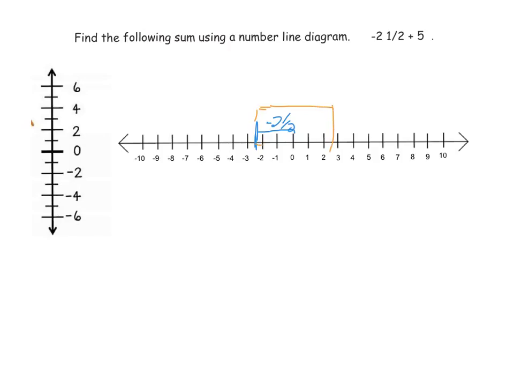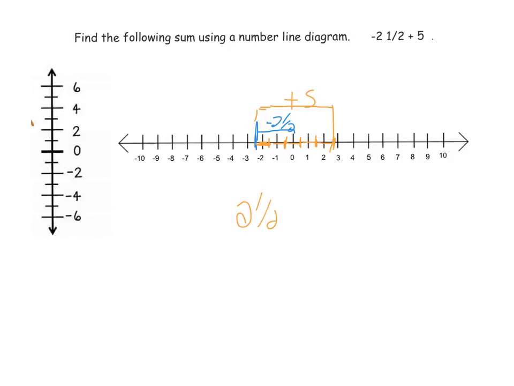Because we started at a half, when we go 1, we're going to be at a half. So here's 1, 2, 3, 4, 5. So plus 5, I'm at a positive 2.5.